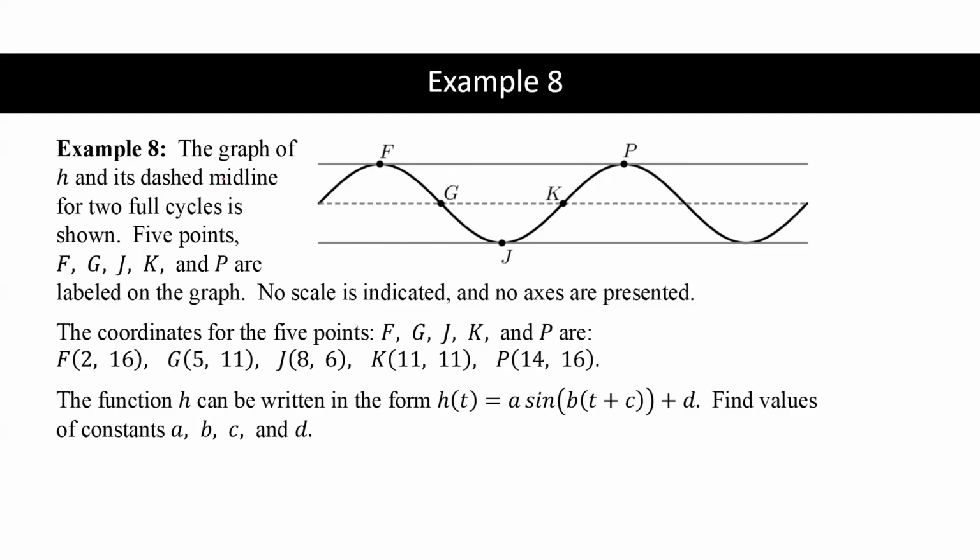First we're going to identify our values. Based on what we have here, we have a max of 16, midline at 11, and a minimum of 6. Do we agree with that? So these values are 16, 11, and 6.